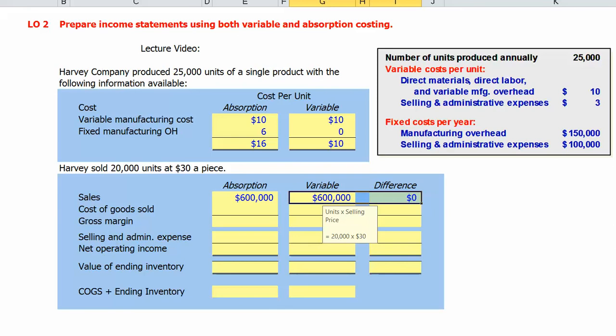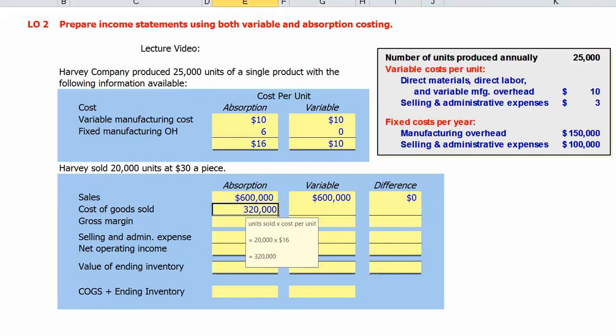Our cost of goods sold under the absorption method will be the 20,000 units we sold multiplied by our $16 per unit cost, and again that unit cost includes both fixed and variable manufacturing overhead, which gives us a gross margin of $280,000.